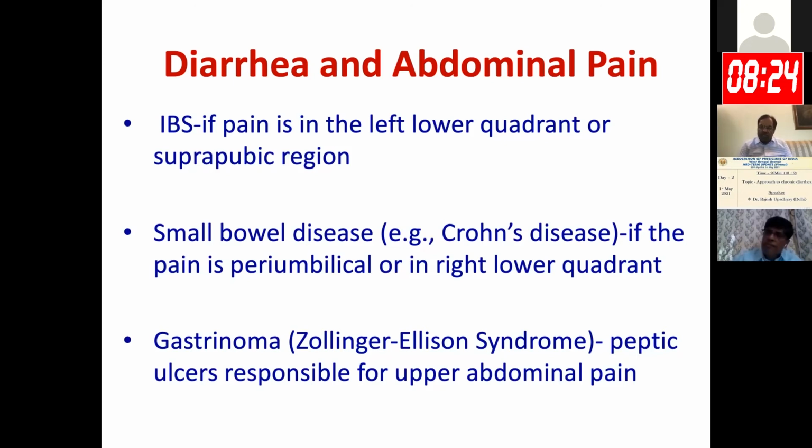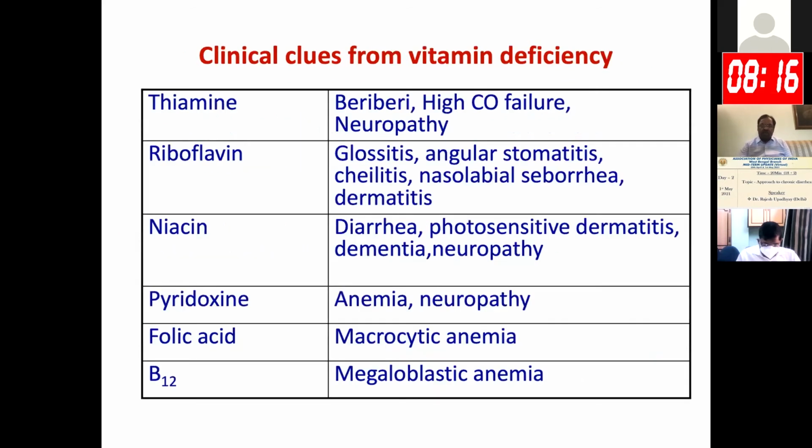And if you have epigastric pain, then the chances of Zollinger-Ellison syndrome, which is associated with peptic ulcer, increases. And during the clinical examination, it is important to look for clues for vitamin deficiency, which I have shown here in this slide. Features of neuropathy, glossitis, angular stomatitis, cheilitis, etc.